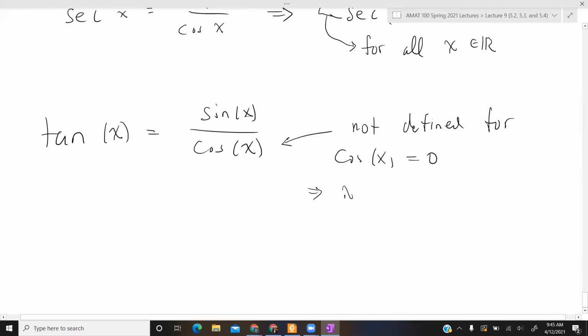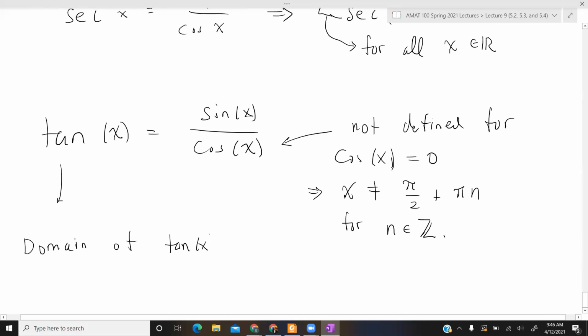That implies that x can't be pi over 2, it can't be 3 pi over 2, or anything of the form pi over 2 plus pi n for any integer n. So the domain of tan x is all of R except for the numbers of the form pi over 2 plus pi n, for any integer n.